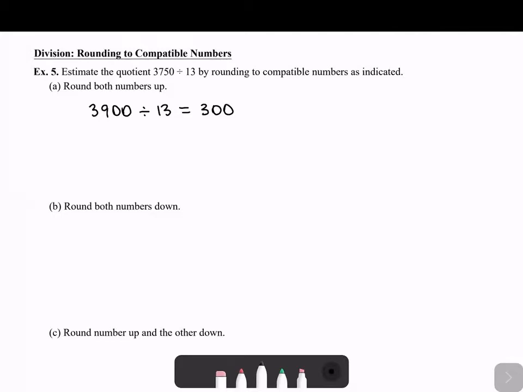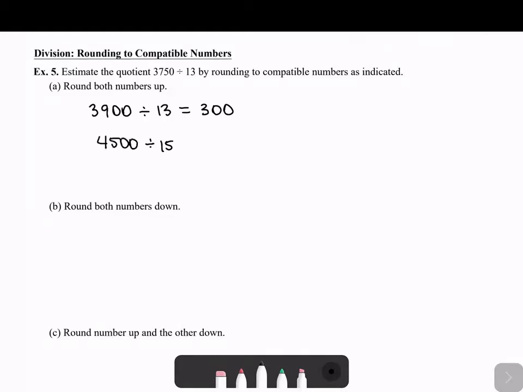Another way you could have done it by rounding both numbers up is, well, we can see that rounding 13 up would go to 15. It may be kind of hard to see what's the closest thing that's divisible by 15, because the multiples of 15 are 15, 30, and then all the way up to 45.